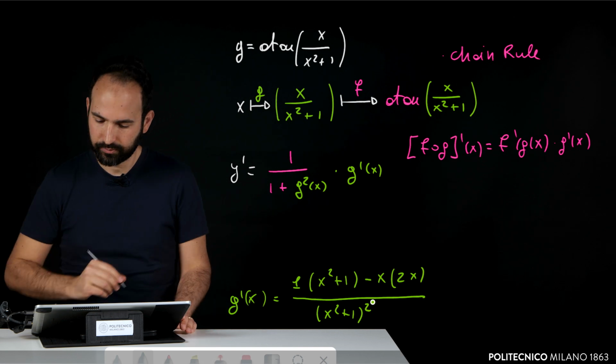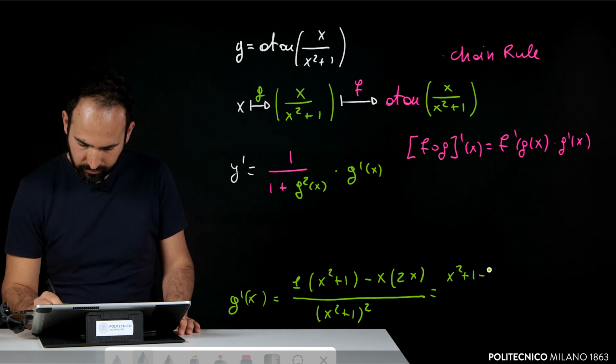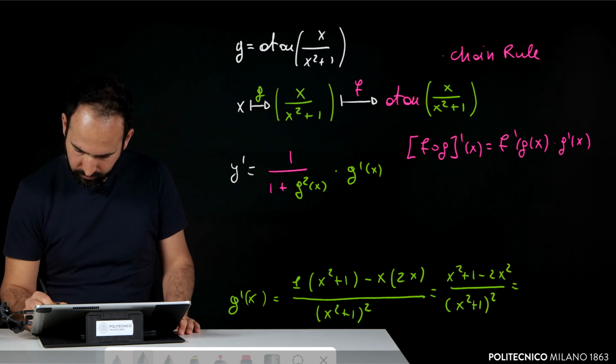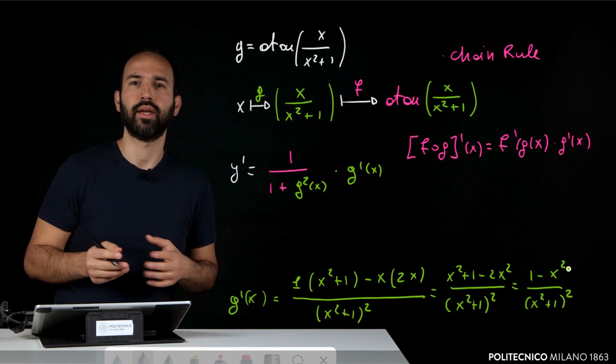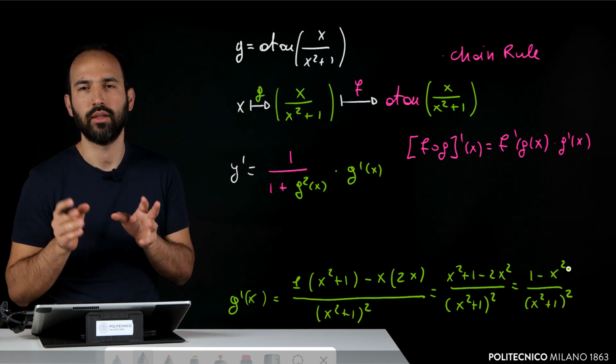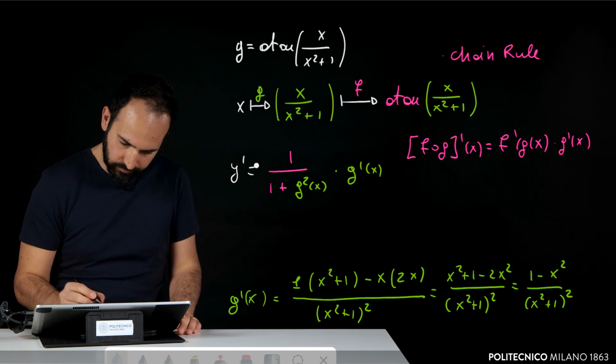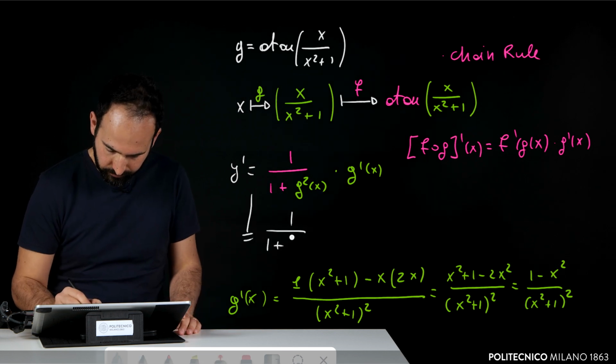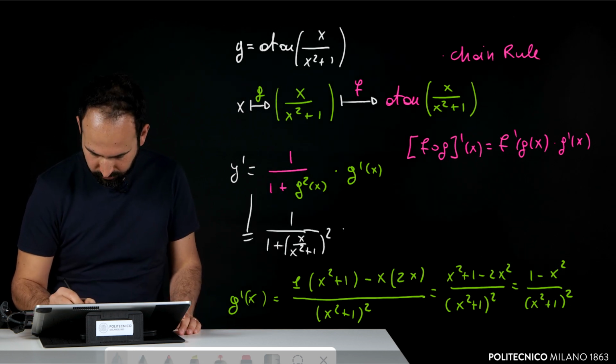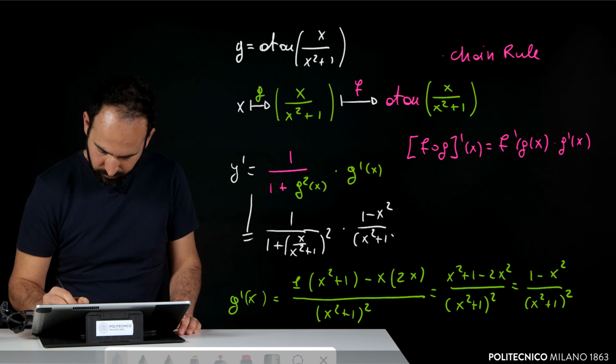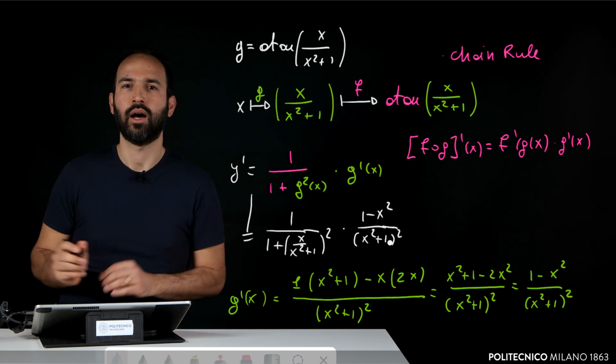Doing the calculation, we have the result. Let's now replace g and g prime in the formula. Here is our derivative.